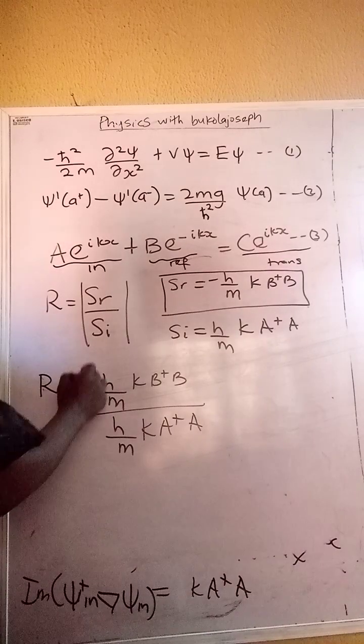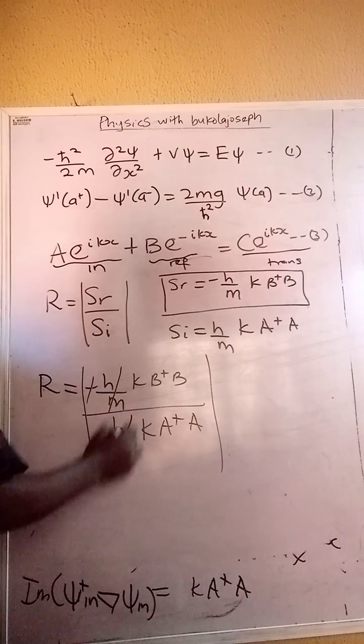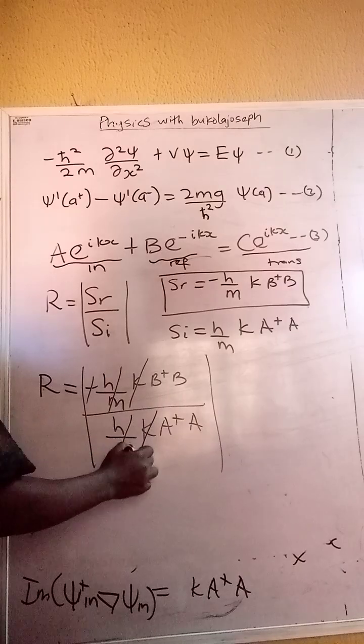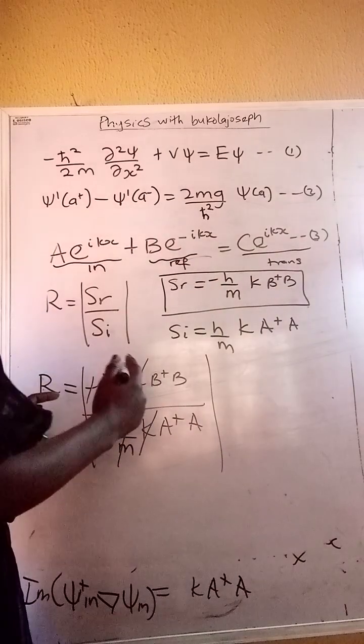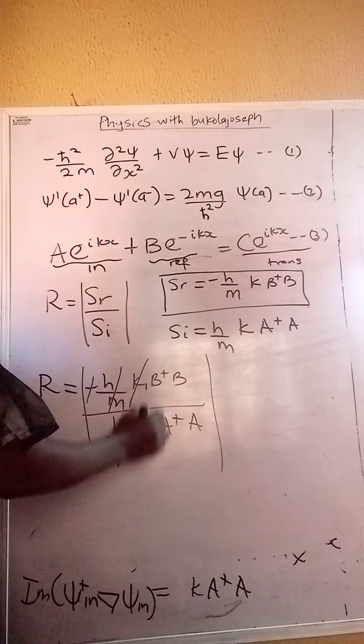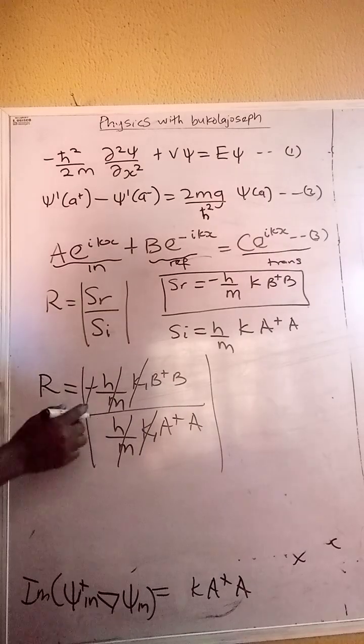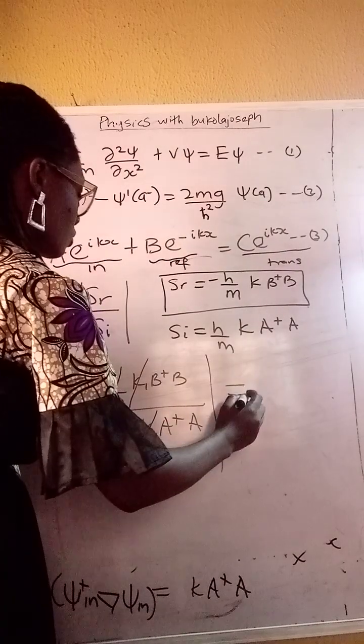So this minus will go, this will cancel, this will go with this. Remember, they are in the same region, so it means the k1 will go, okay, because it's the same region. So we have this will now be equal to what?